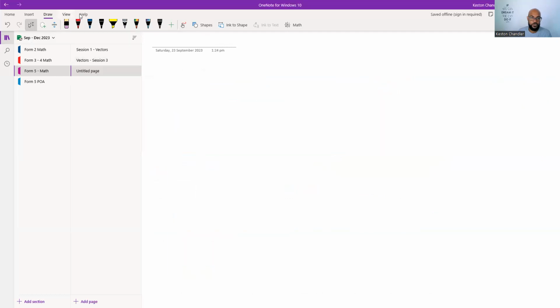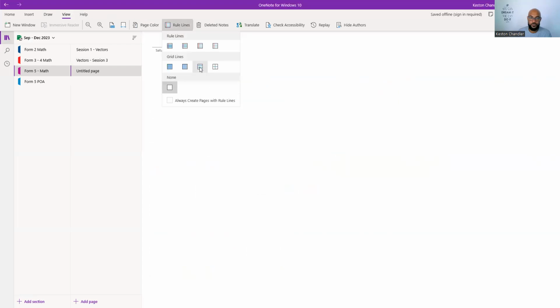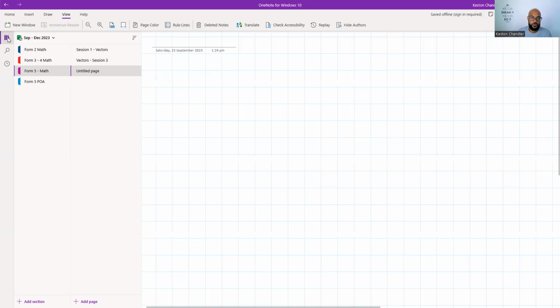Other page, and I wanna get some boxes like so.